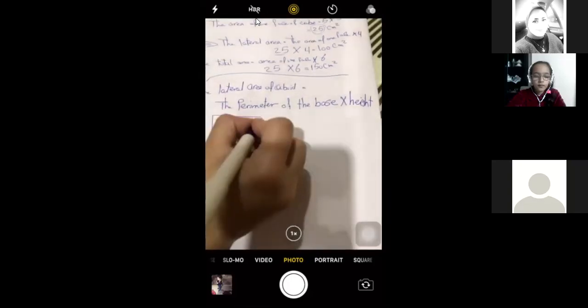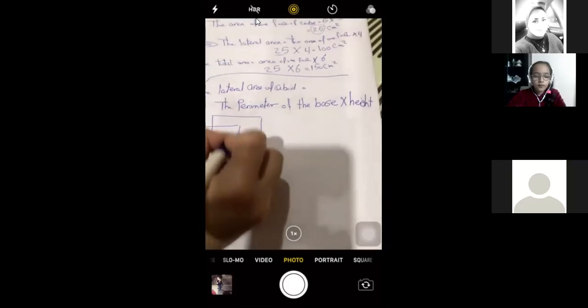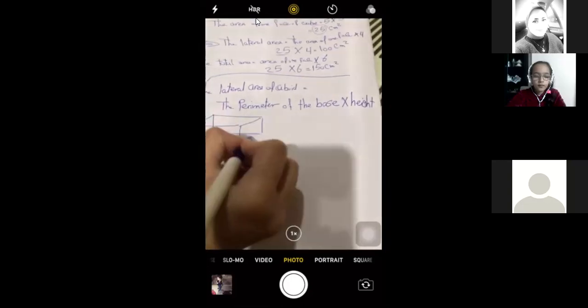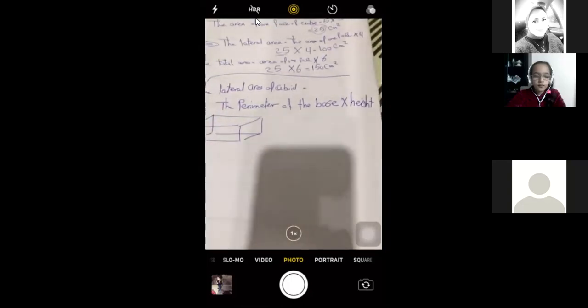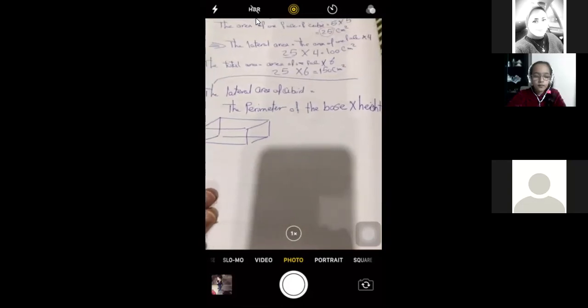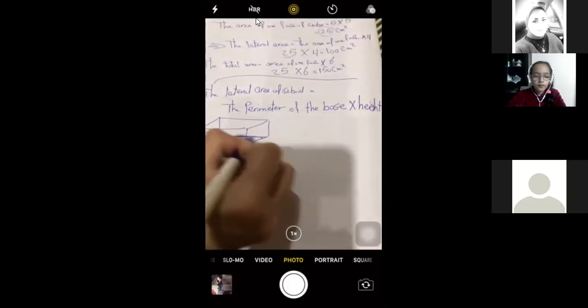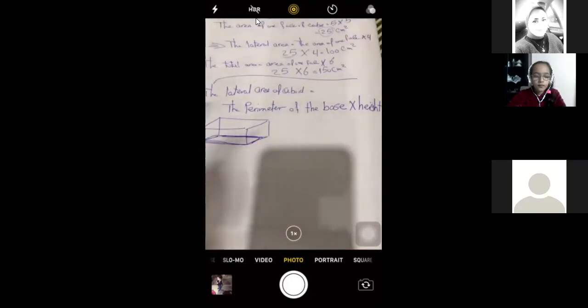So if I have here cuboid, when I want to get the lateral area, I get the perimeter of this base, multiply the height. Easy? I think it's so easy, right?